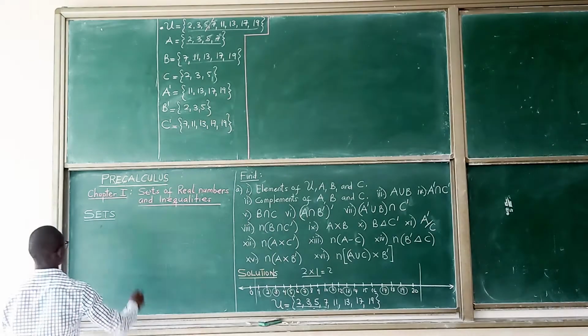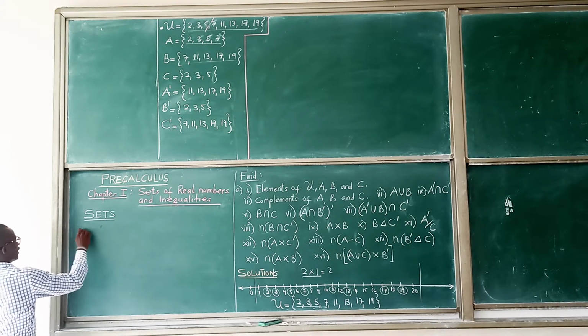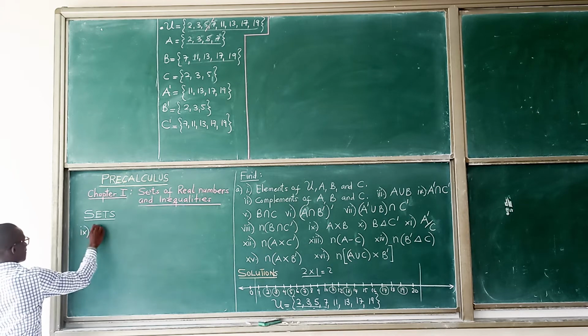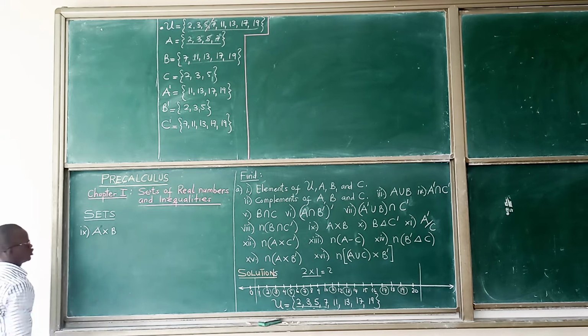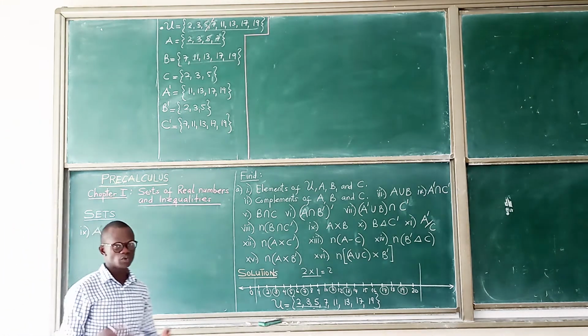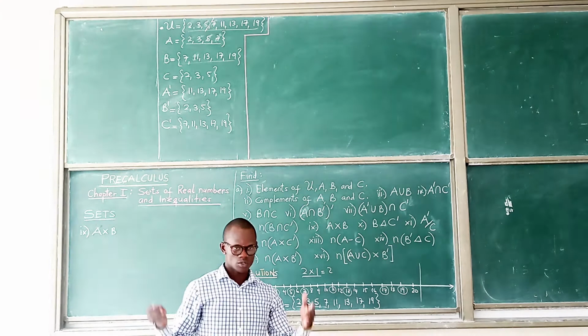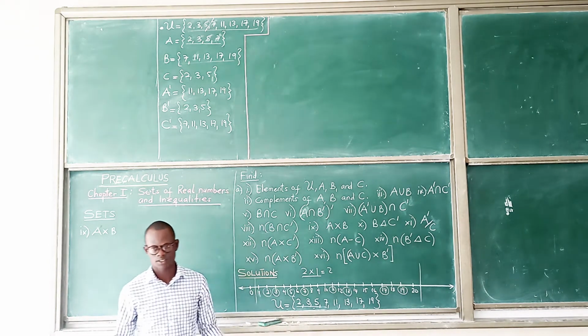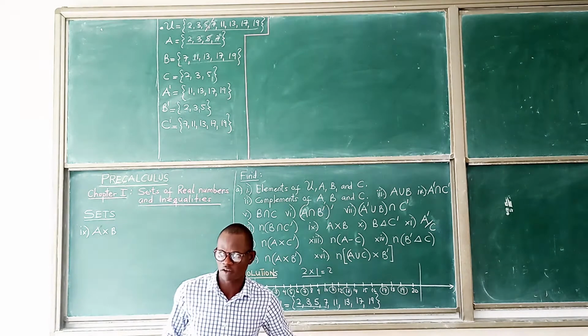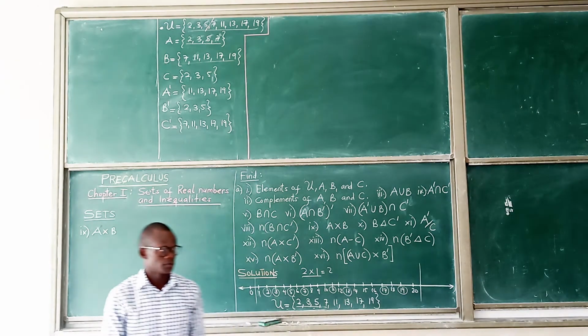Okay. So question 9, we have A cross B. A cross B has to do with the Cartesian product, or we say the cross product, of two sets, right?